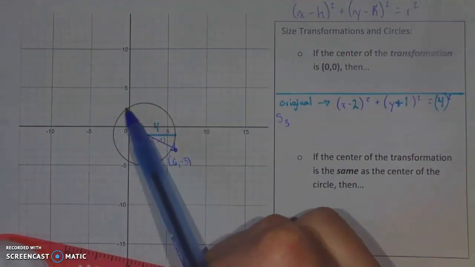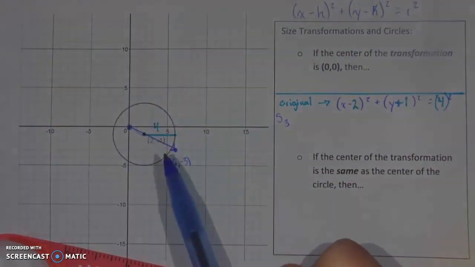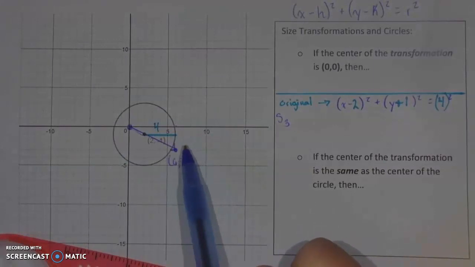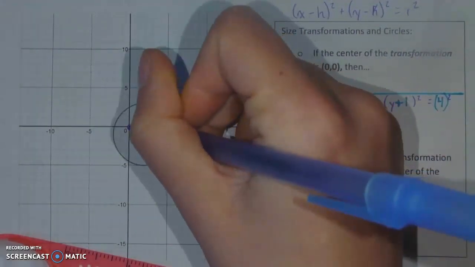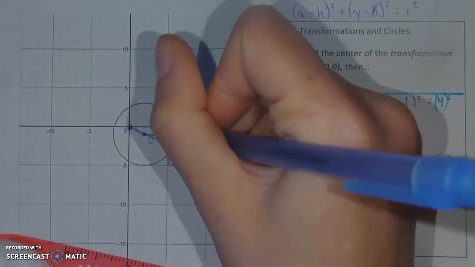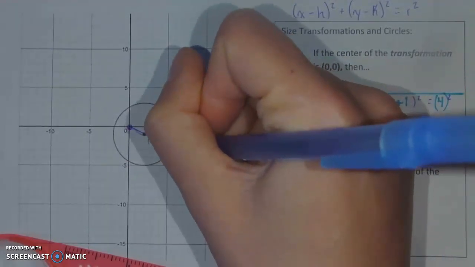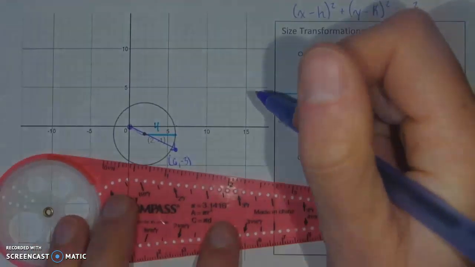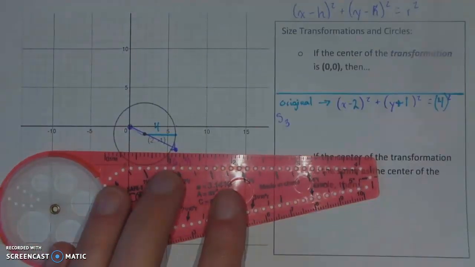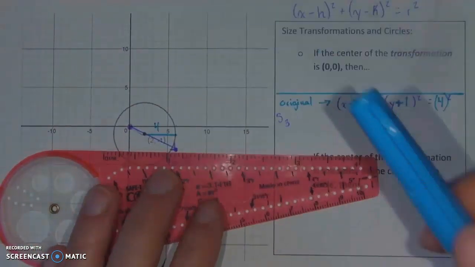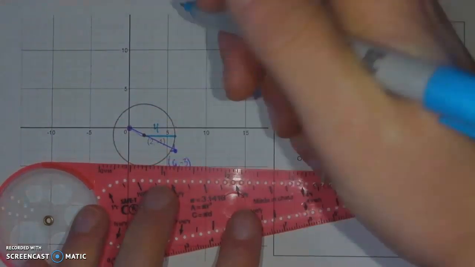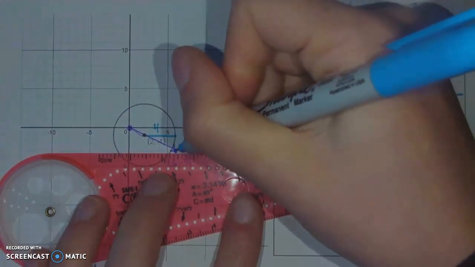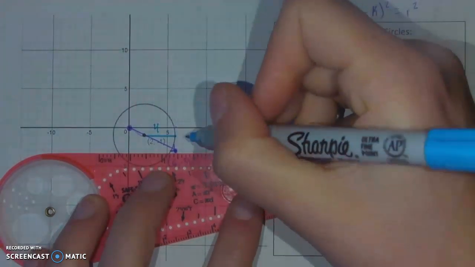Now, I could try to move every point in the circle, but that's going to get really messy. I know that all I need to draw a circle is the center and its radius. So I used to have a radius of 4, but this is now 3 times as large as it used to be. So instead of being 4, that original length, I'm actually going to have a radius of 3 times 4, which is 12.